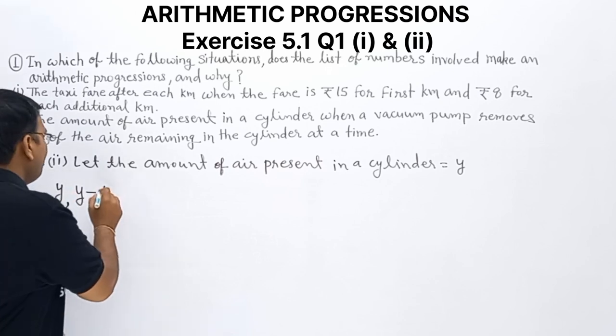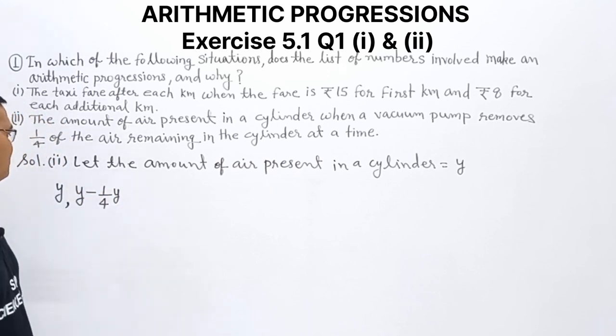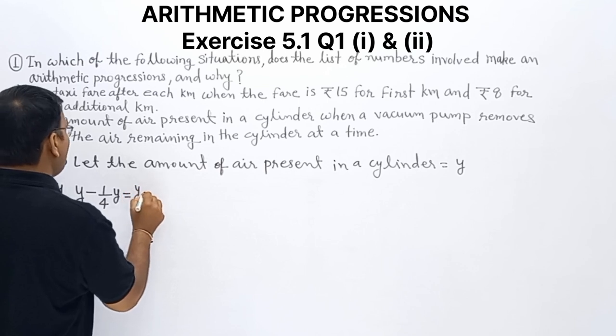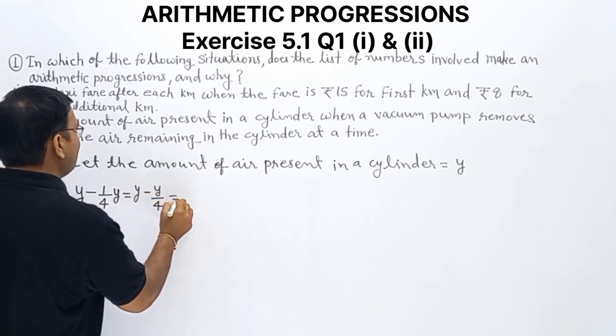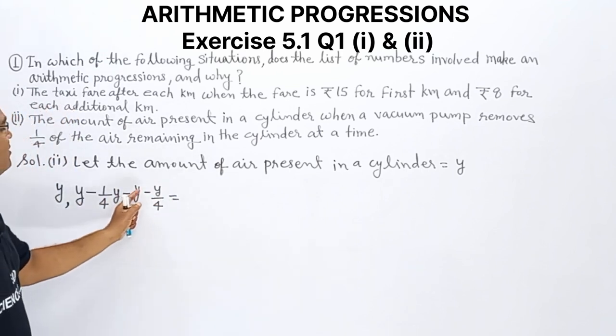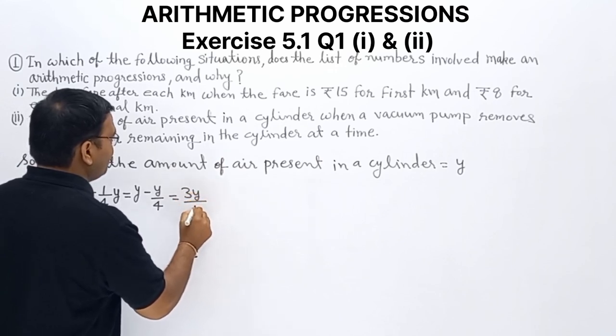Y. So 1/4 of Y. Clear? This can be written as Y minus Y by 4. Once we solve this, Y minus Y by 4, we can say 4Y minus Y. What are we getting? 3Y by 4.